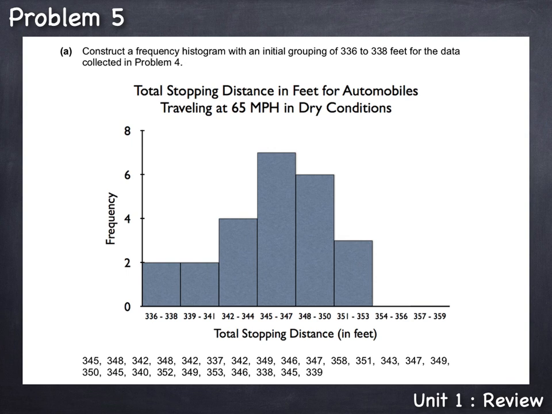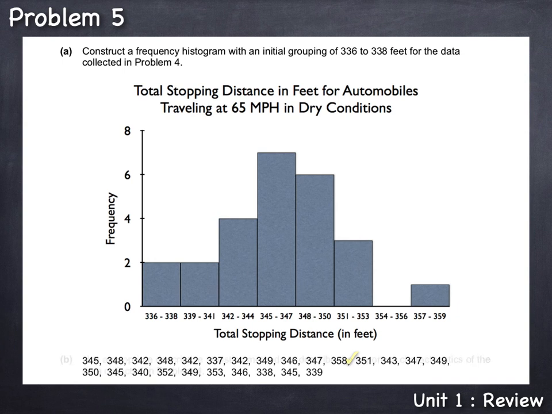And finally, looking at the 357 to 359 stopping distances, we see that there's just one automobile that took that length to stop. So we draw a bar above the 357 to 359 feet to a frequency height of 1. And on our scale, 1 is right between the 0 and the 2.